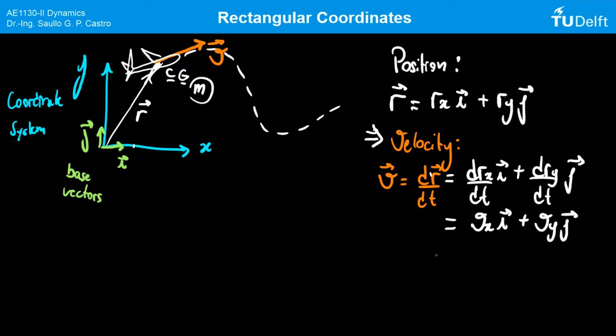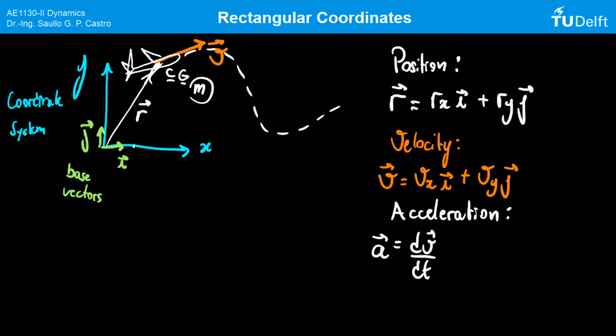Note here that since the base vectors are constant, I already included in this formulation that di/dt equals dj/dt, that equals 0. We will see how for the other coordinate systems the base vectors may change with time.